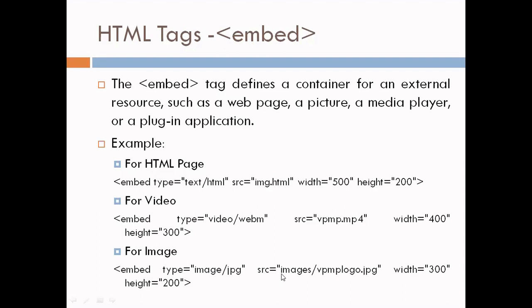Then src is equal to the path of our image. So the path is images, that is my folder. Inside that folder, I have kept the vpmp logo.jpg file. Now width is equal to 300 pixels and height is equal to 200 pixels. So in this way, we can embed an HTML page, video, and image file in our web page.